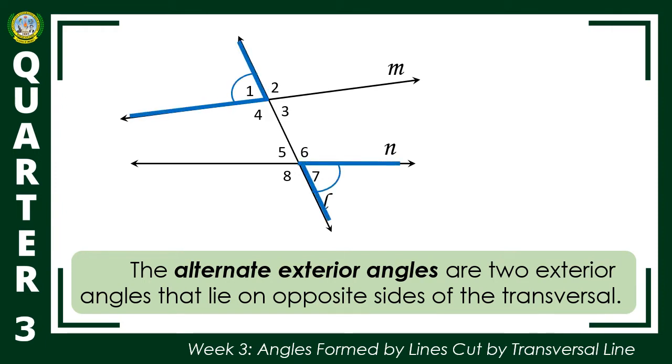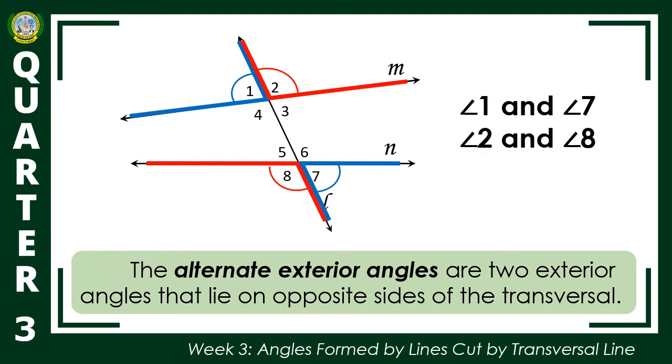Hindi na pwede yung angle 2 kasi nga linear pair sila. Okay? At ang partner ni angle 2 is si angle 8. Okay? So, para din siyang X na pinaghiwalay lang. Okay? Magkatalikuran. Parang vertical angles nga sila pero magkahiwalay ng vertex. Okay? So, yun po yung alternate exterior angles.